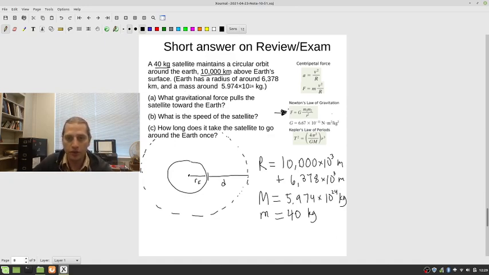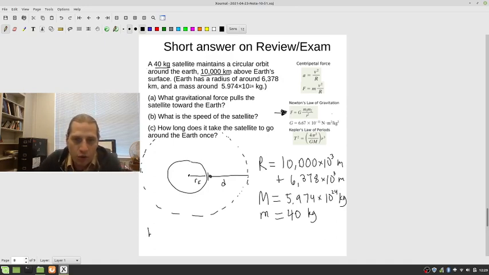Well, at this point you can simply put all of your numbers into this. Little g on Earth is around 10 newtons per kilogram. So if this satellite were right on the surface of the Earth, you'd get about 400 newtons. So you should get some number smaller than 400 newtons and bigger than 0. Okay? So that's a good rule of thumb.